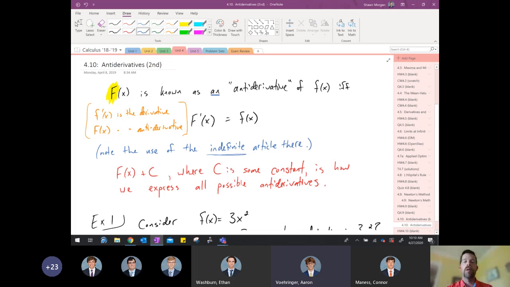The idea is that we're using an indefinite article when we say it like that. Tell me a great basketball player means there's more than one. Tell me the greatest, and we're saying there's one and only one. So when you use the indefinite article here, an antiderivative, it's because it's not the only one.